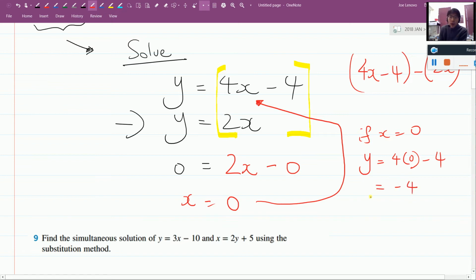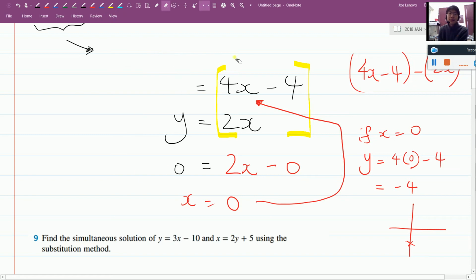So at the point where x equals 0 and y equals negative 4, if we have a graph there, we write this point. This is the meeting point for those two lines. That's the very first question, and we solve it.